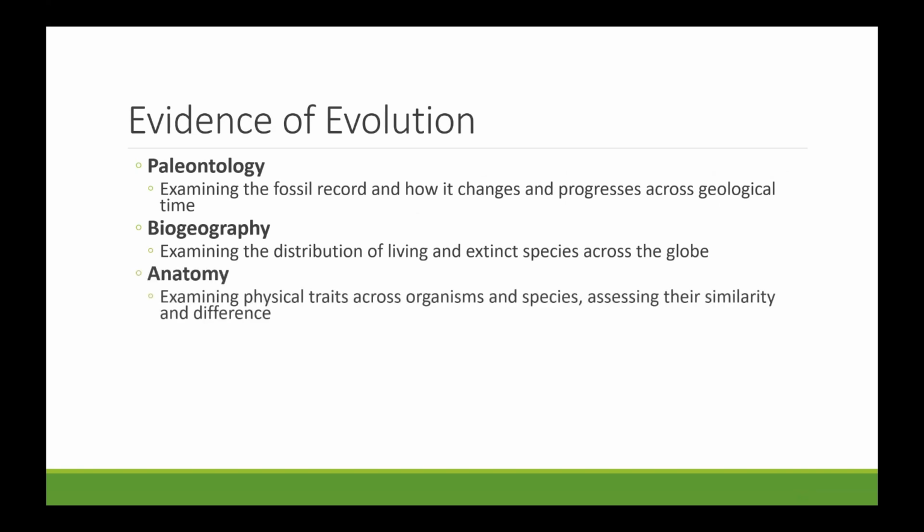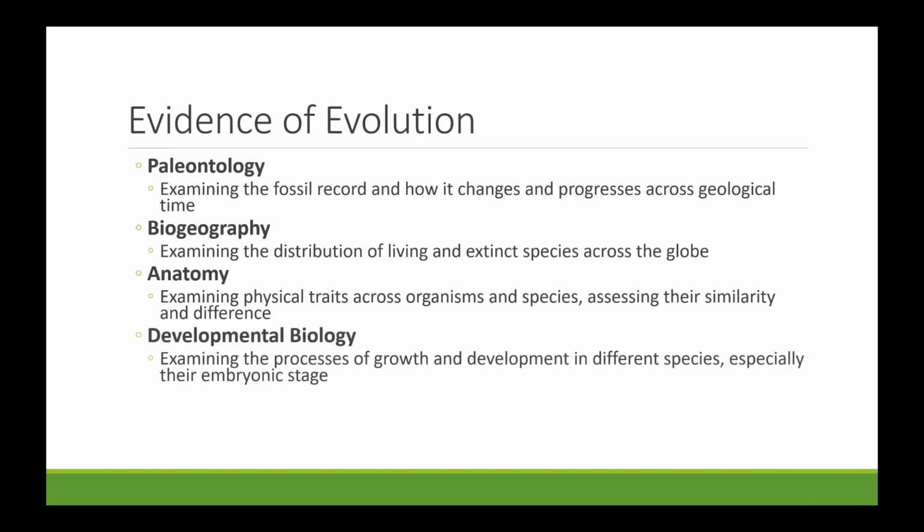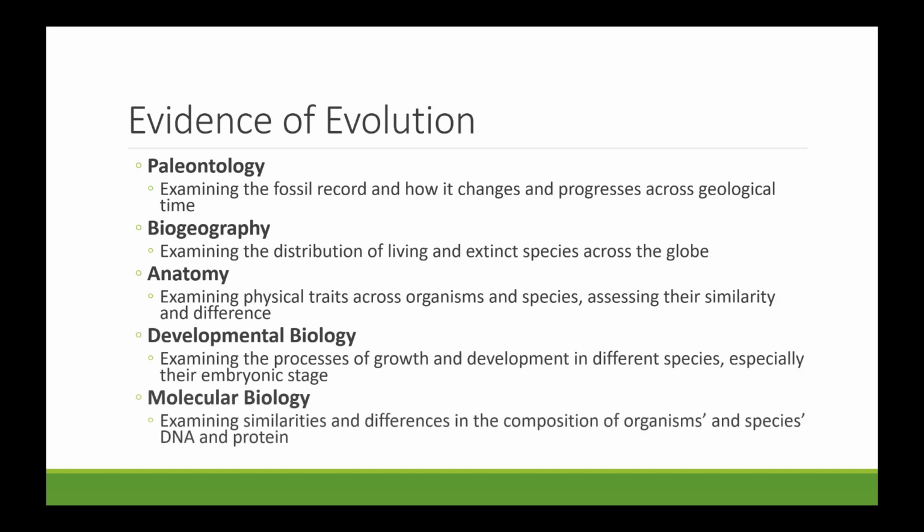Anatomy examines physical traits across organisms and species, assessing their similarity and difference. Developmental biology examines the processes of growth and development in different species, especially during their embryonic stage. And finally, molecular biology examines similarities and differences in the composition of organisms and species, DNA and proteins.